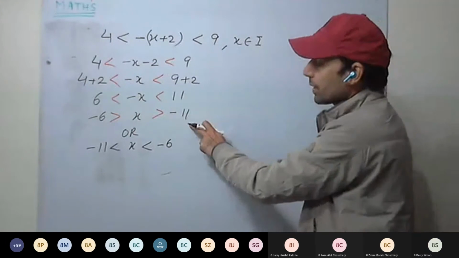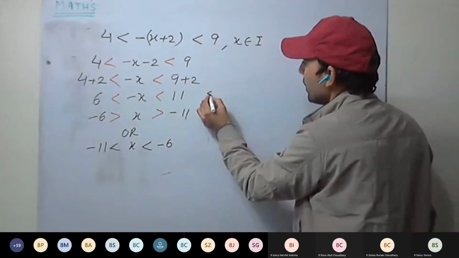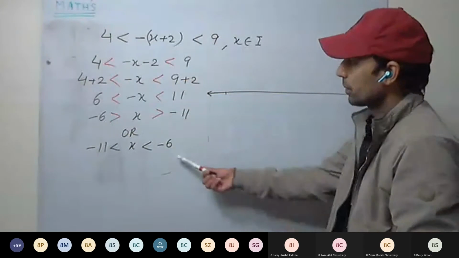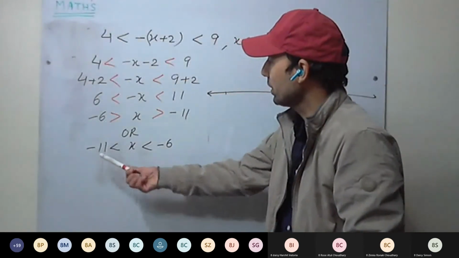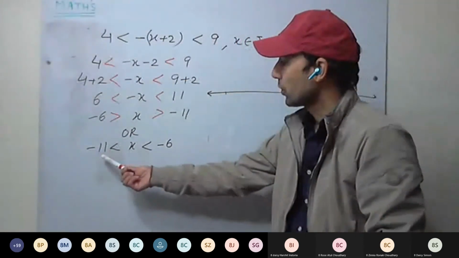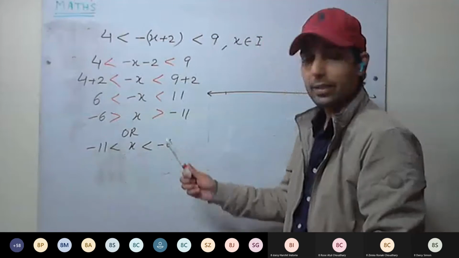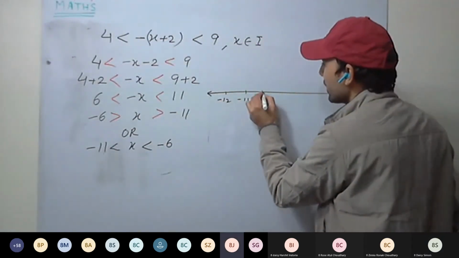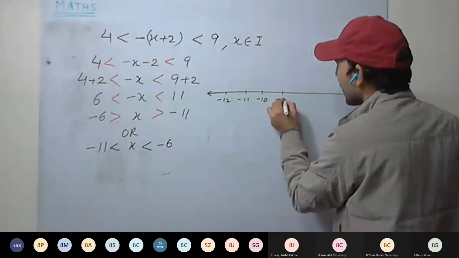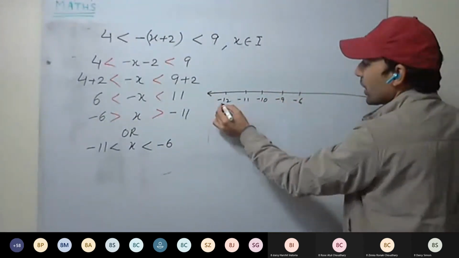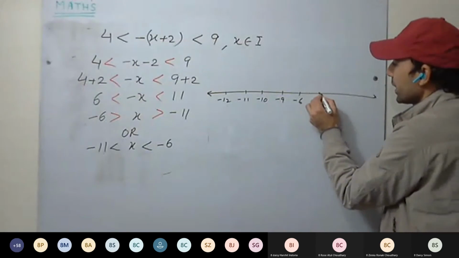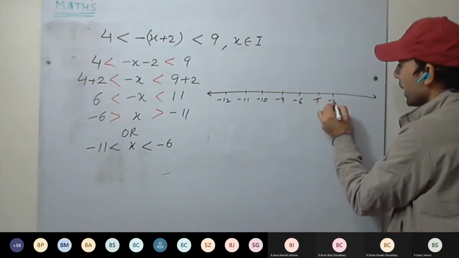Yes, okay. Draw the number line. Minus 11, minus 6. So which is the smaller number, minus 11 or minus 6? Minus 11. Minus 10, minus 9, minus 6. You can take accordingly, these numbers must be there. Minus 6, minus 5, minus 3.